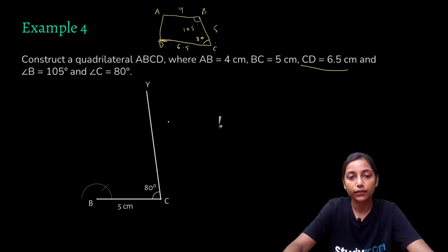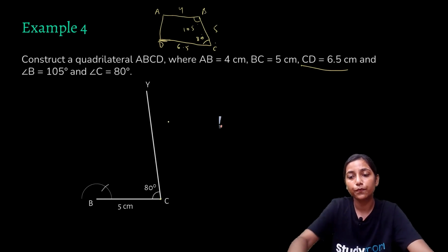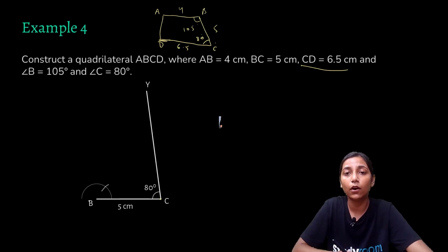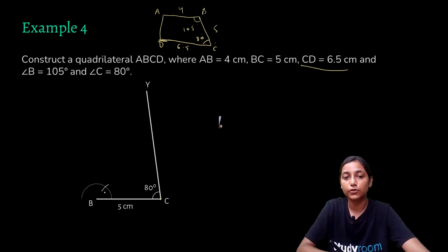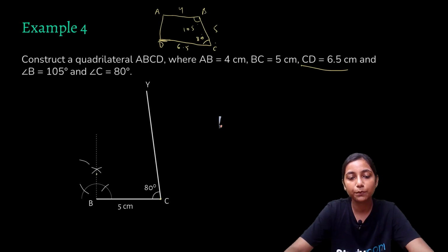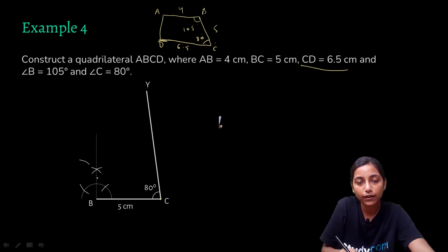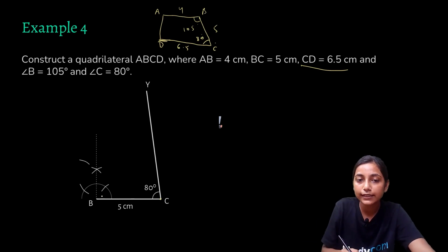Now we can still begin from angle B. Angle B is given to be 105 degrees. So this is our 180 degrees, and this will be our 90 degrees. 105 is going to be in between 90 degrees and 120 degrees, so you can construct it easily.